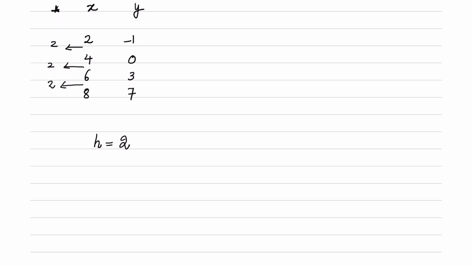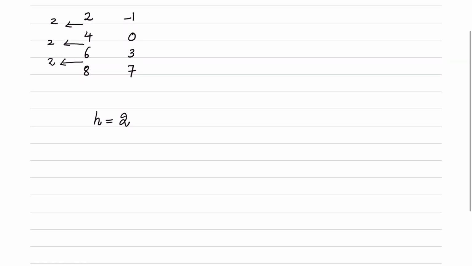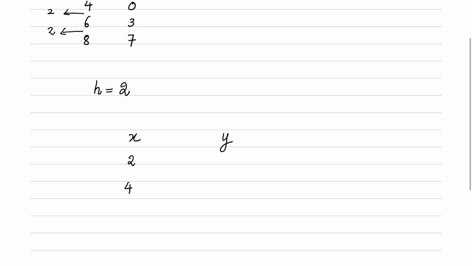So another thing that you have to pay attention to is, let's write the same data, x and y. Here you have 2, 4, 6, 8. This data is equally spaced, and now you know that h is 2 and y values are -1, 0, 3, 7. Now let's name this data.